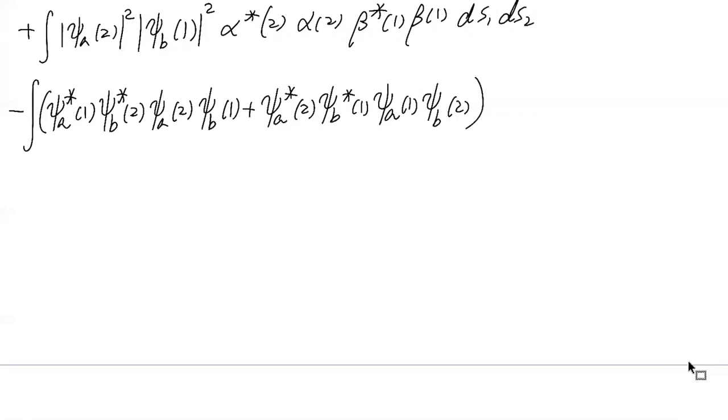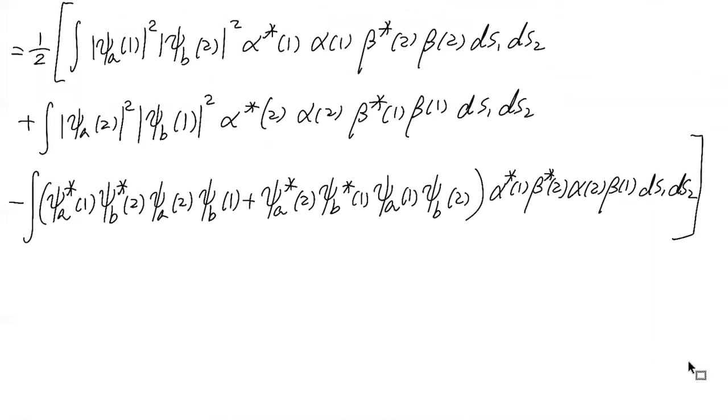And the spin part is alpha star(1) beta star(2) alpha(2) beta(1), ds1 ds2. Okay. And don't forget dr1 dr2.